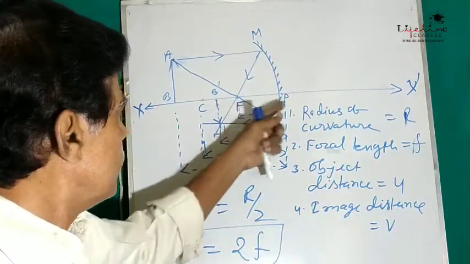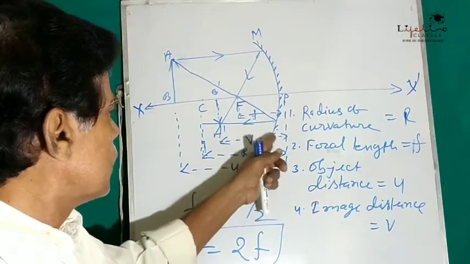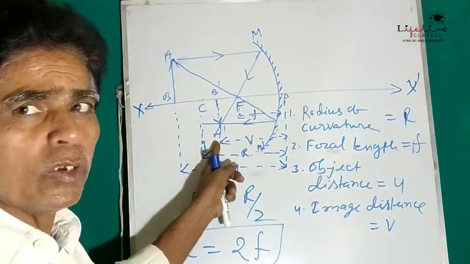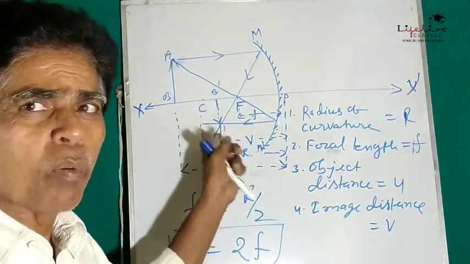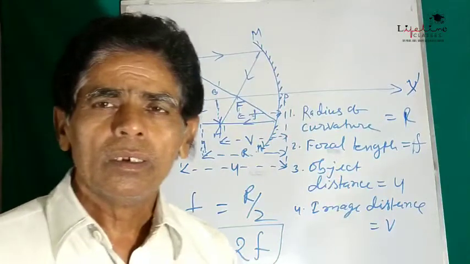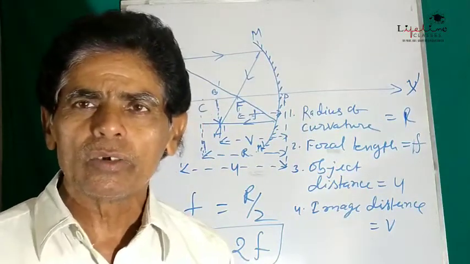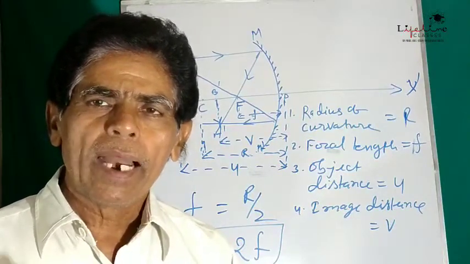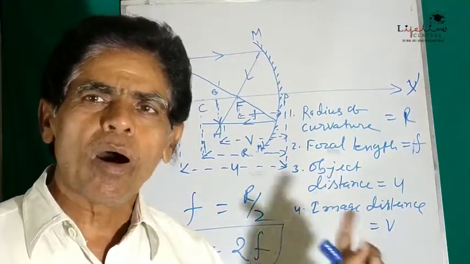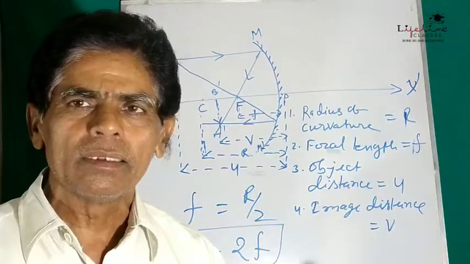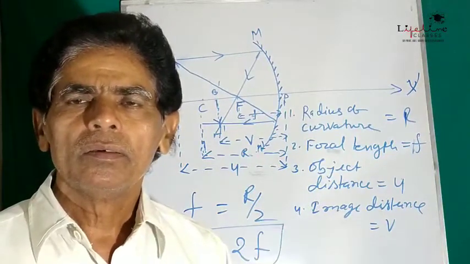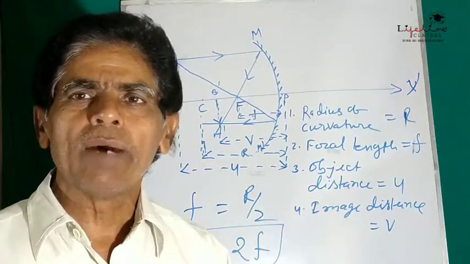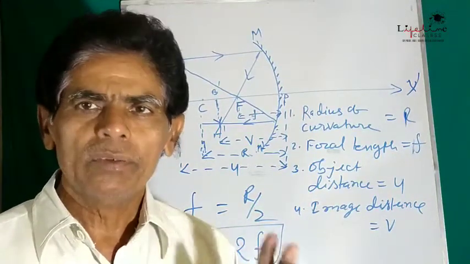And the distance between the pole and the image formed on the principal axis is called image distance. It is denoted by a small v.